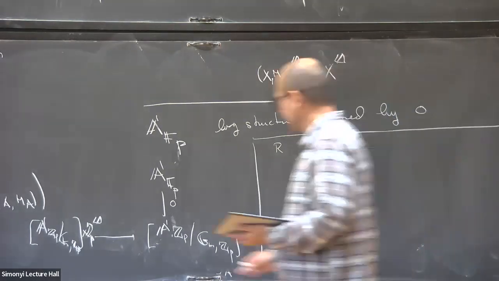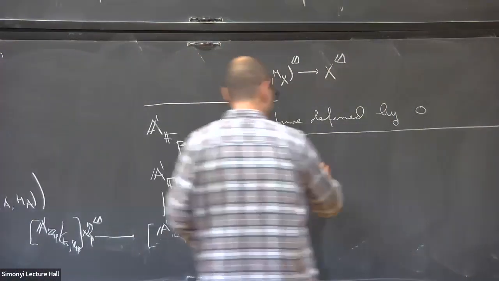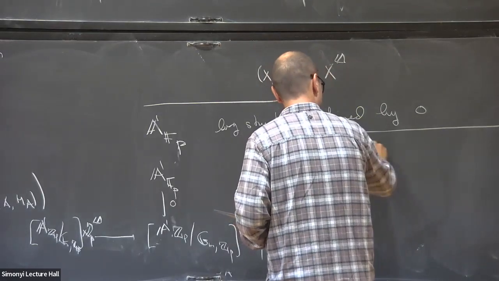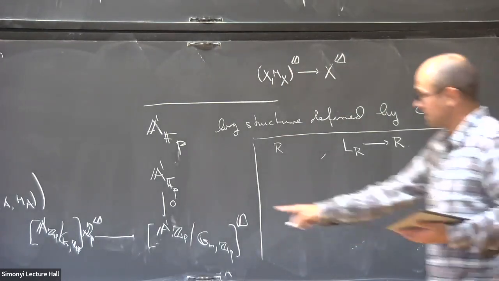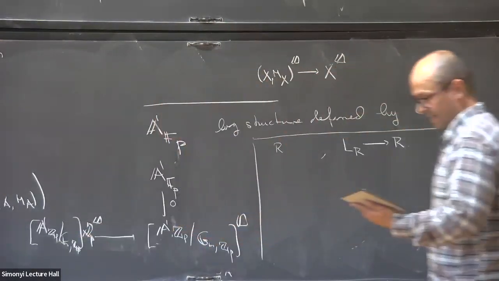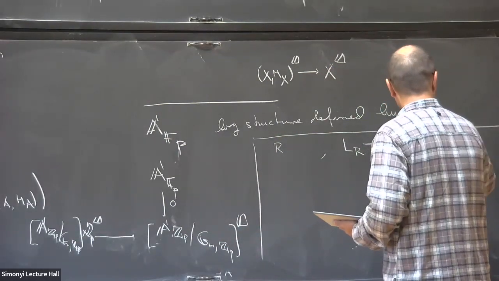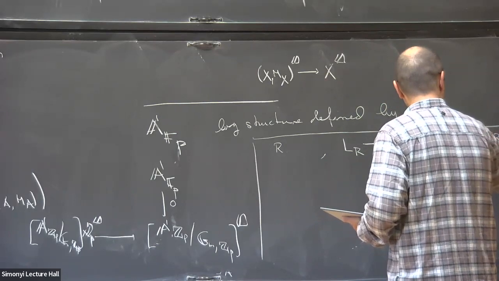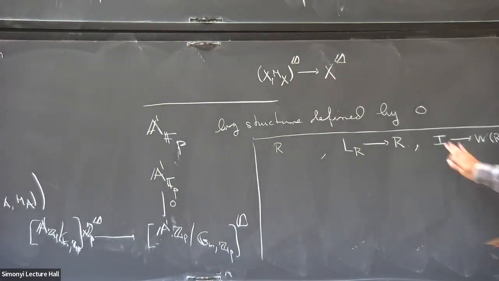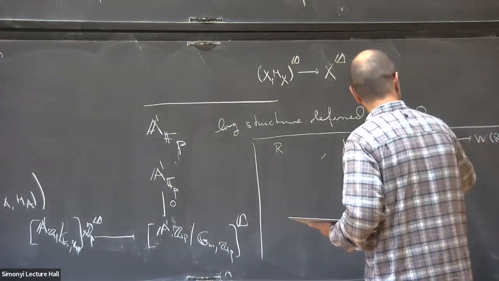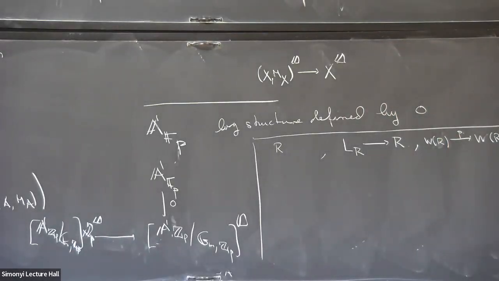My R should come with a map to here, so in this case that's a line bundle mapping to R. That's this factor here. And I'm supposed to have a Cartier-Witt divisor, but I want the reduction to be over F_p, so in this case this is going to be multiplication by p. So that's given to me.